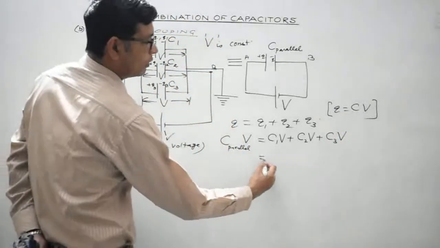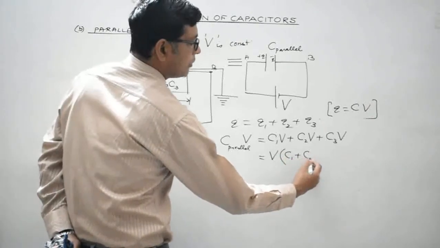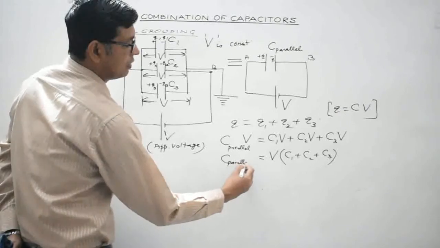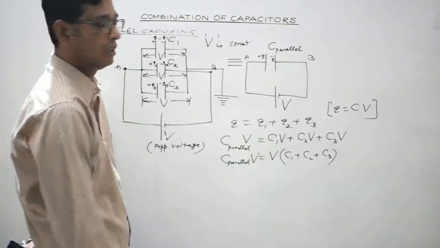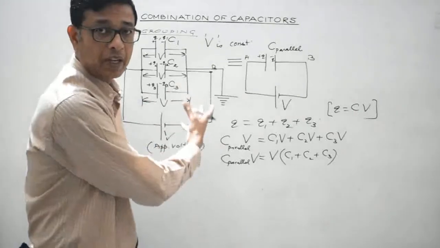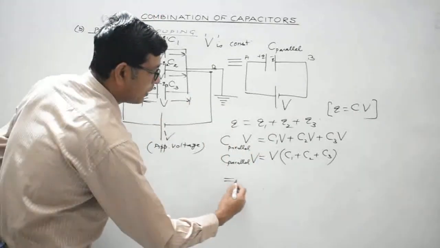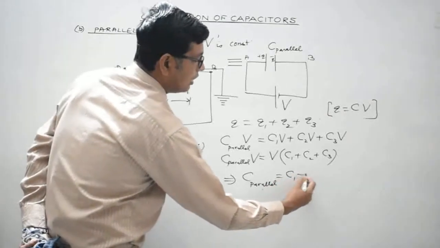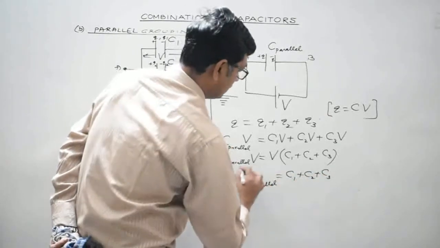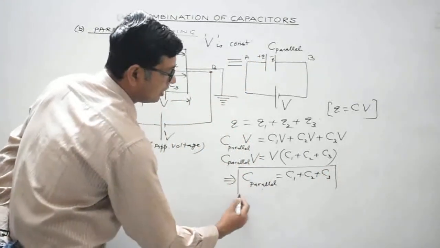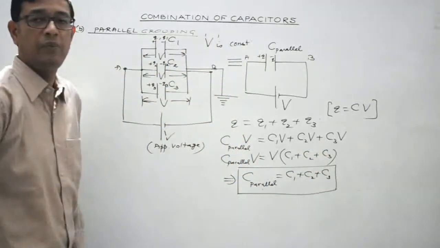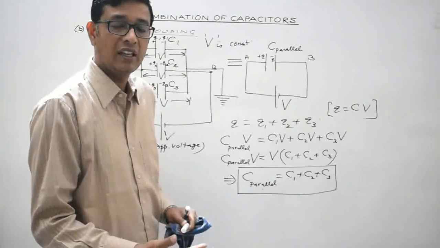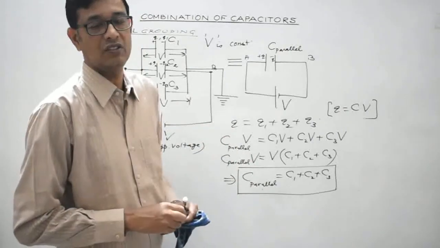So V can be taken common over here: C1 plus C2 plus C3. And over here, C parallel into V. Now since some final voltage is to be applied, V can't be 0, which implies that C parallel is equal to C1 plus C2 plus C3. So this is the formula which we will be using in order to calculate the net capacitance in the case of parallel grouping of capacitors, right?